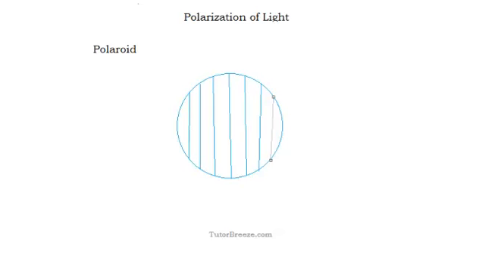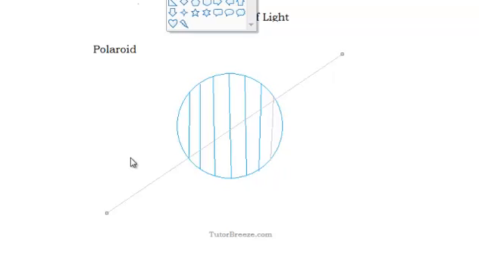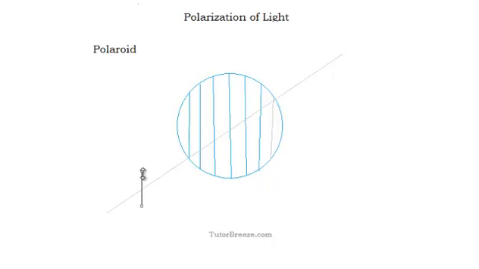So let's say we have light incident on this polarizing sheet, and we will show the incident unpolarized light as a double-headed arrow. So now this is the incident unpolarized light, and since this is not polarized, we will have two double-headed arrows drawn perpendicular to each other.